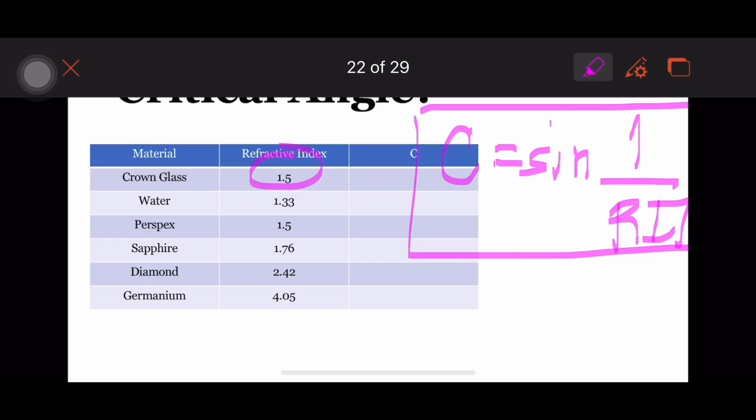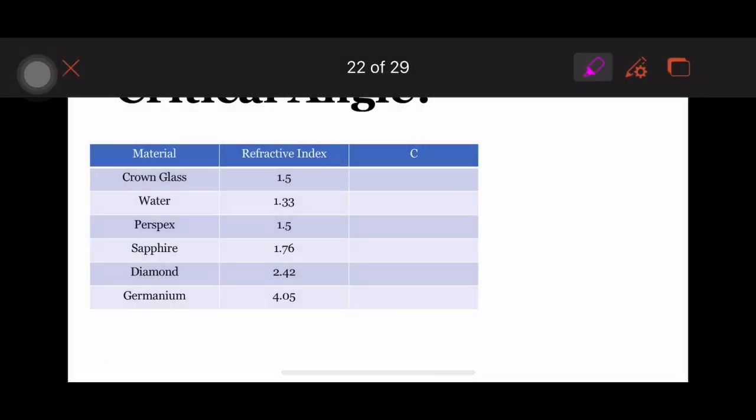So let's solve for crown glass, which is 1.5. So C now is equal to the inverse sine of 1 divided by 1.5. Okay, so let me solve in my calculator. 1 divided by 1.5 is 0.67, and then I'm going to get the inverse sine of that, which is equal to 41.8 degrees. Now roughly that is actually 42 degrees.